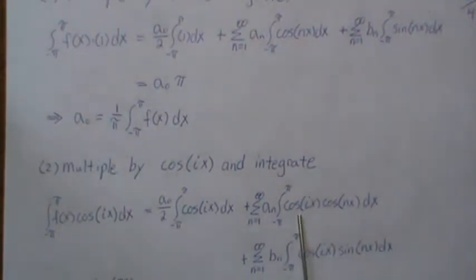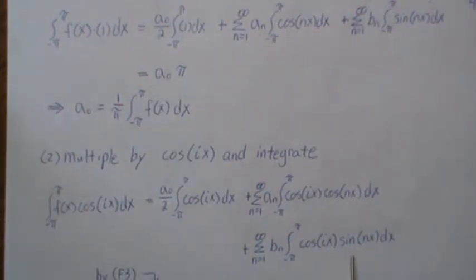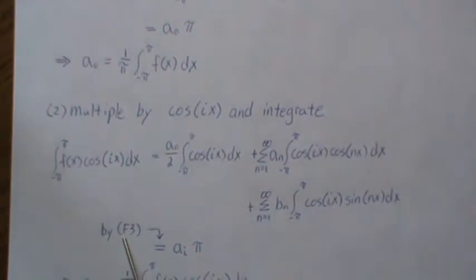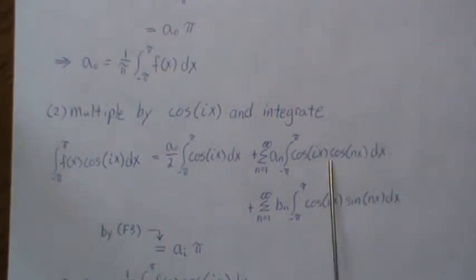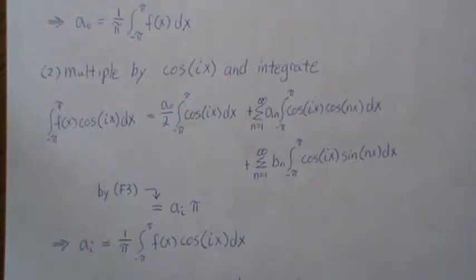The rest are 0, and that is due to F3. The same thing here: these are all orthogonal with respect to our inner product. You can go back to F3 and note that the only one that's non-zero is the ith term in here, and it's equal to pi. So now we can solve for every coefficient ai. Just divide both sides by pi and you've got it, and that's it.